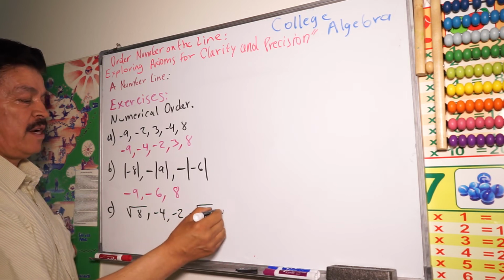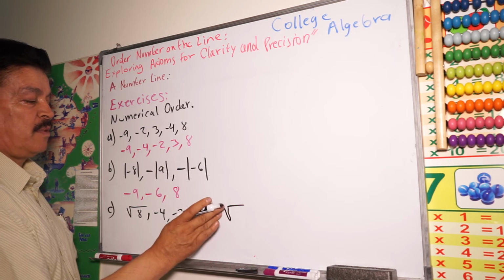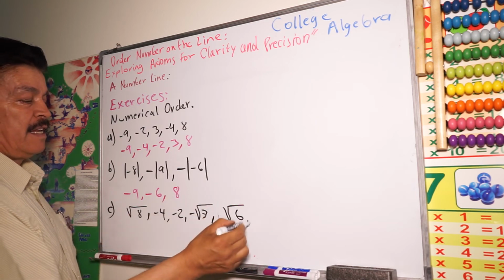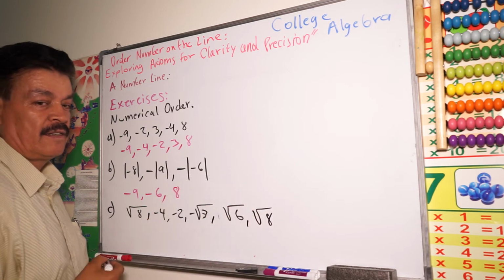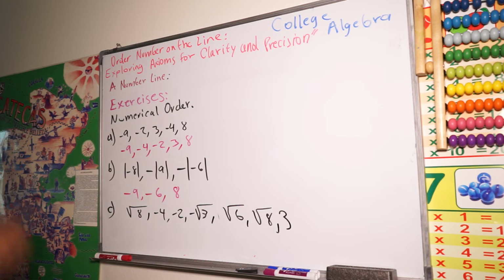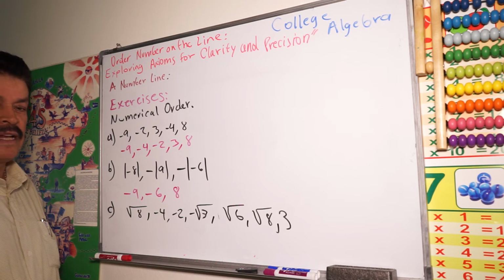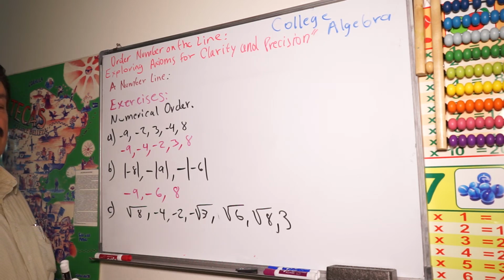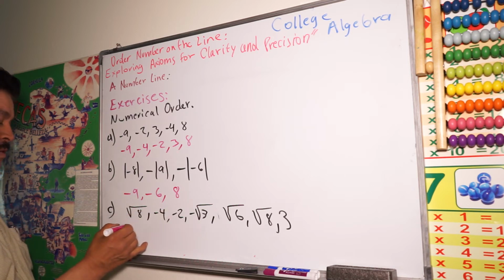And then positive square root of 6, and then the square root of 8, and then 3, right? So what is the right way to write these numbers? The smaller one first. So we write right here negative 4, right?